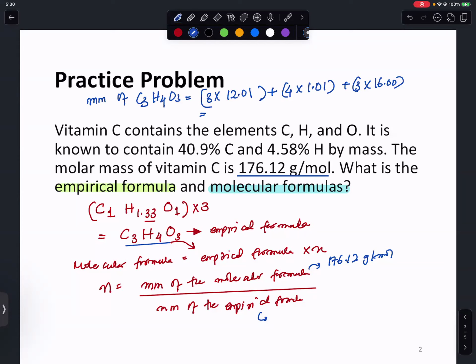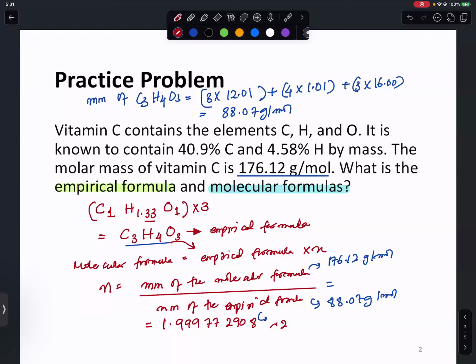And if we calculate this number right here, we get 88.07 grams per mole. Now, if we now try to figure out what N is, and I'm calculating this live with you, divided by 88.07, I get 1.999772908, and this can be rounded to 2.